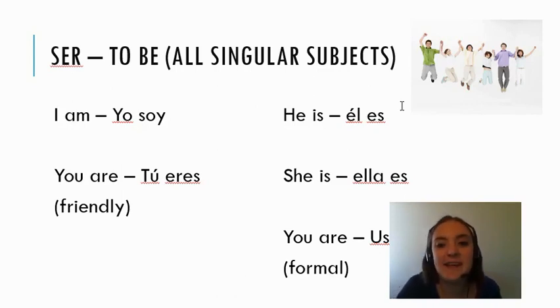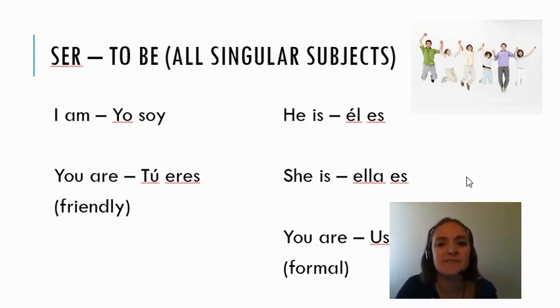If I want to say he is intelligent, I'll say él es inteligente. If I want to say she is smart, I'll say ella es inteligente. But at the bottom, you're still using the word es, but notice here it means are. So if you put es next to you formal, or usted, it no longer means is, but it means are. So usted es means you are formal. Let's say you're talking to your doctor and you're like, oh, you are smart. I would say usted es inteligente.